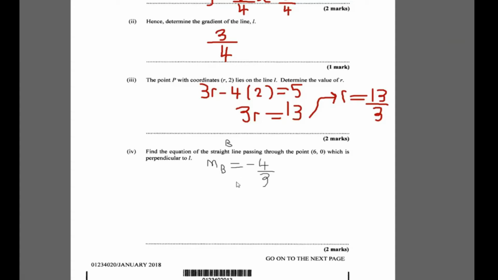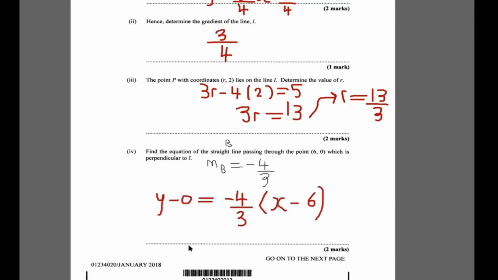All right. So now that we know that the gradient of the line is minus 4 over 3, and it passes through this point, we can use this equation to find the equation of the line. The equation of the line is y minus y_p, so it's y minus 0 is equal to the gradient, negative 4 over 3, into x minus x_p, which is x minus 6.